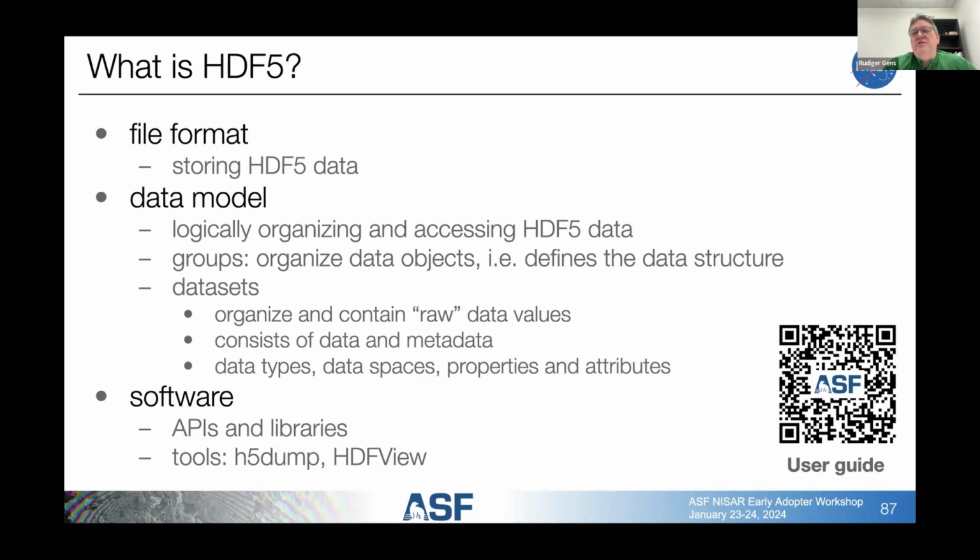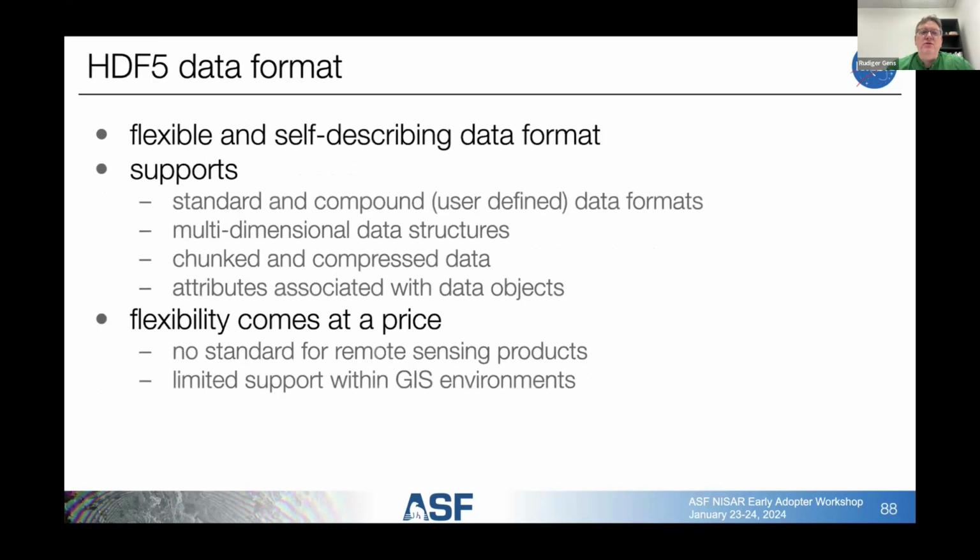If you're familiar with the GDAL tools, gdalinfo will pick up whatever it can decipher from an HDF5 file as well. So that is what HDF5 is in a nutshell.